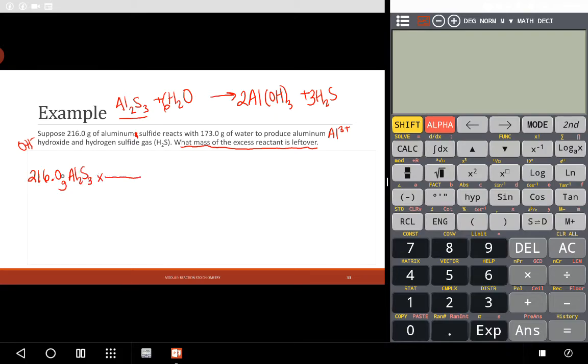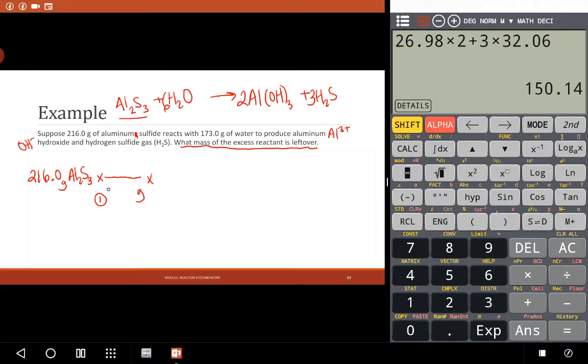And I need to get into moles, because the first thing I need to do is get into moles. And so I need to calculate the molar mass of Al2S3. So on my periodic table, I see that aluminum is 26.98 times 2 plus 3 times sulfur, which is 32.06.